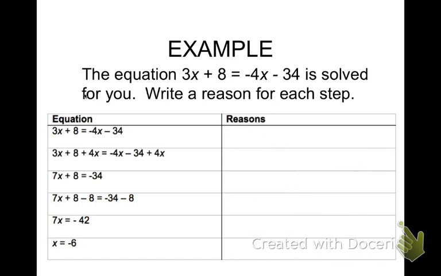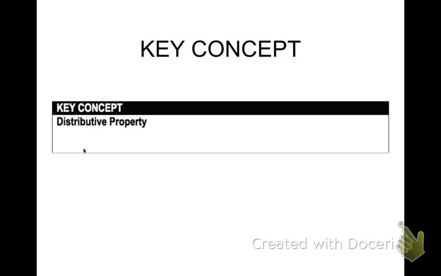All right, let's add another property to the mix. Distributive property, what does that look like? If we have A times B plus C, what results do you get when you do the distributive property? Yeah, so then you would get AB plus AC when you distribute, right? Okay.